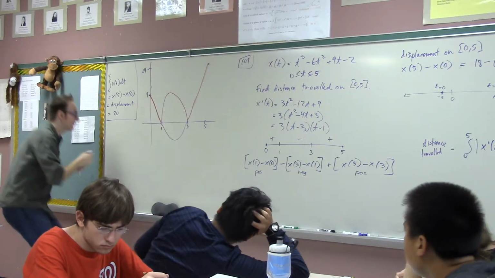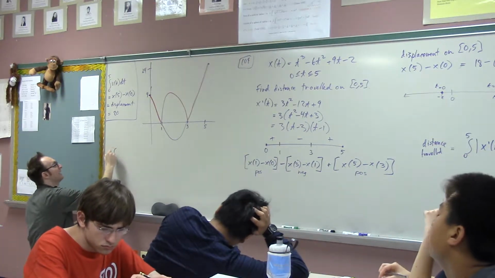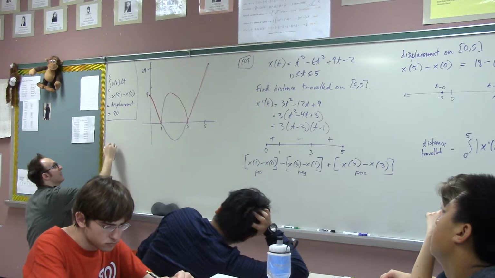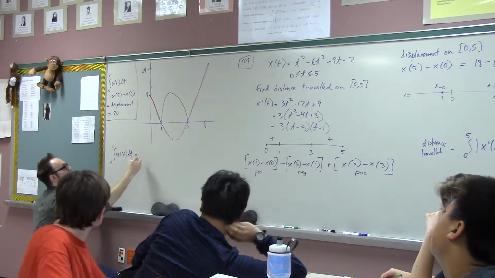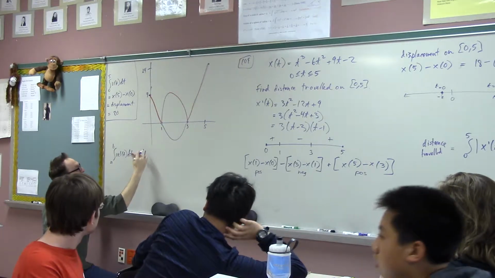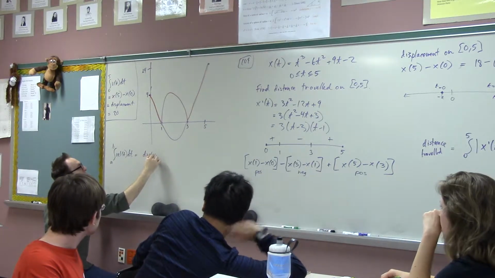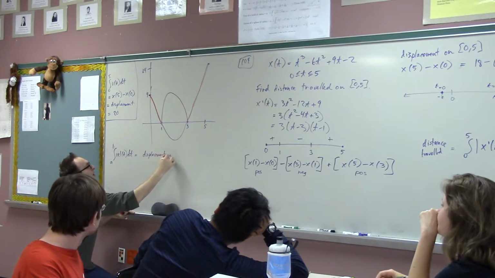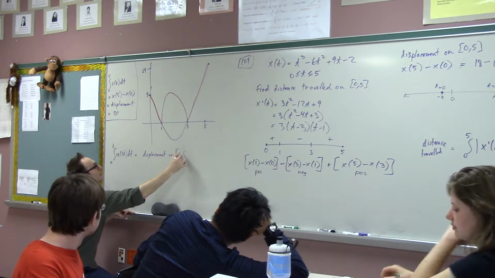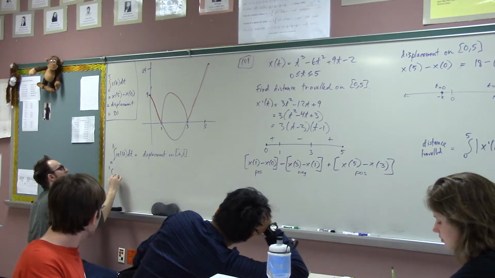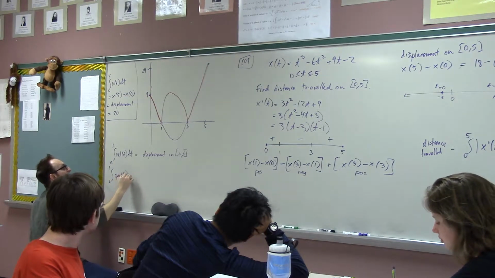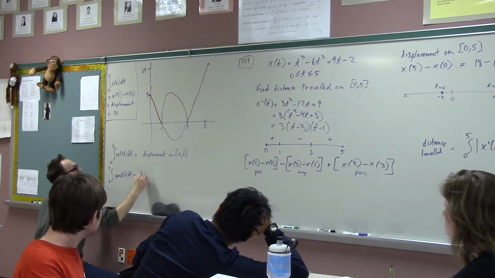And if you take the integral from a to b of some velocity function, that is going to give you the displacement. But if you take the integral from a to b of a speed function, that is going to give you the distance traveled.